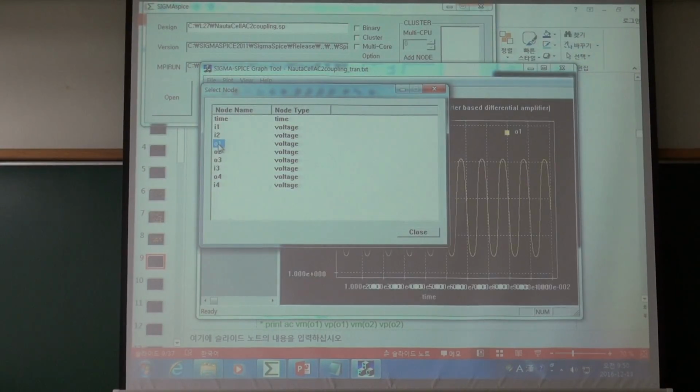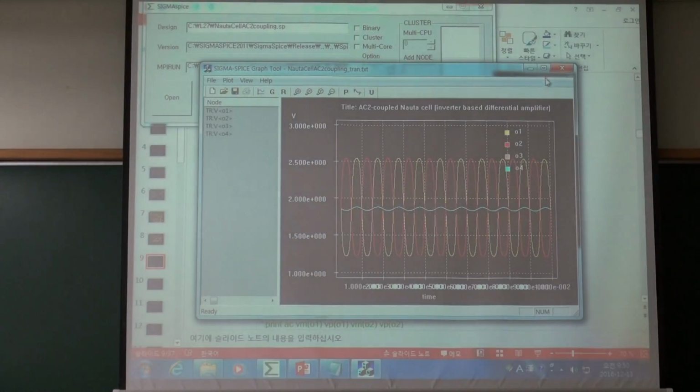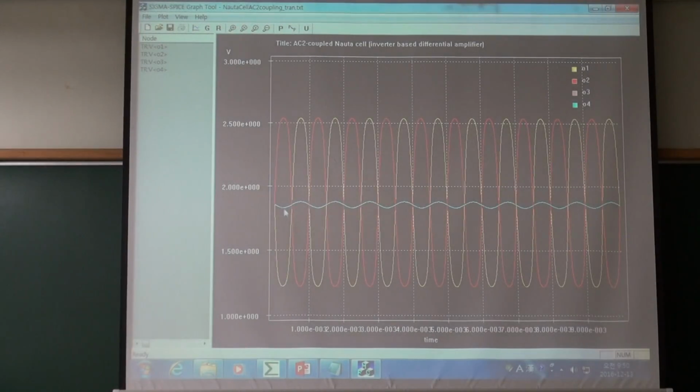So O1, O2 is a differential mode output. O3, O4 is my common mode output, right? My common mode output is small, but has some finite values, right? O3, O4. Oh, they are here. O3, O4. Oh, how come I cannot put O3? Oh, yeah, good.